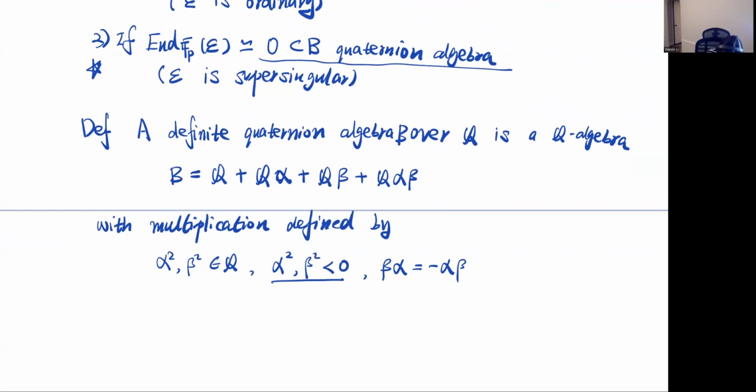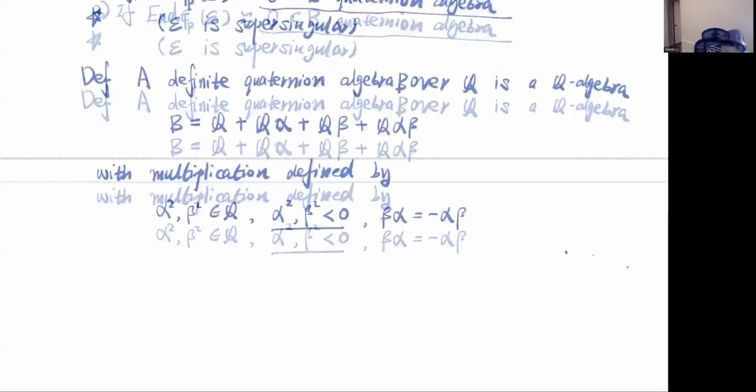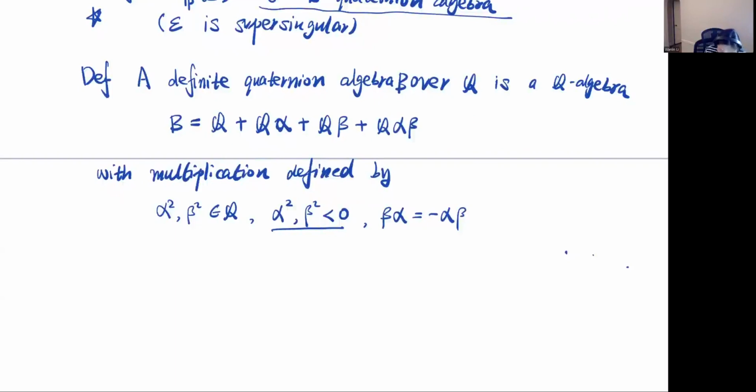So this defines a quaternion algebra. Note that this definite quaternion algebra is a division algebra. Note that alpha squared and beta squared being less than 0 shows you that alpha and beta are not in Q. So it is a division algebra.